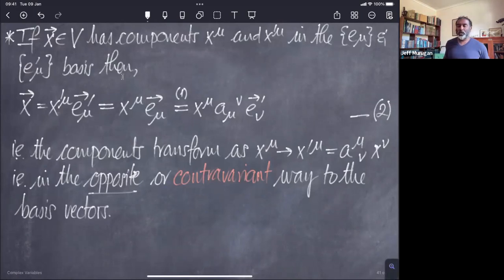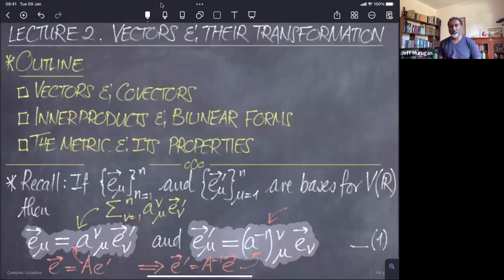So if you've done GR in the past, maybe the third year course last year, then you would have heard about these things like contravariant and covariant vectors. And really all it means is that something transforms the same way that a basis transforms or in the opposite way from the way the basis transforms. So let me say that one more time. I make a change of bases to go from non-primed to primed, right?